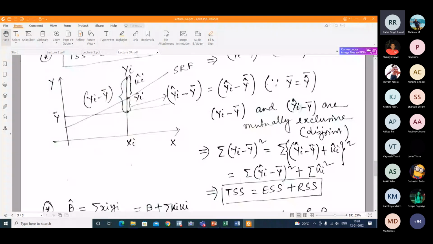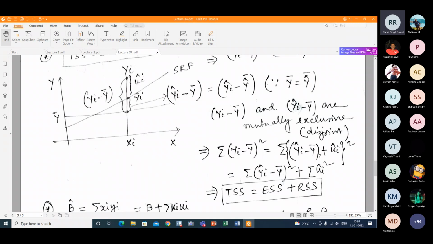See this one, if you multiply it and then take the summation, I'm basically talking about the 2AB component. It will be summation of y hat i into u hat i minus y bar, because y bar is a constant term, so it will come out of the summation.